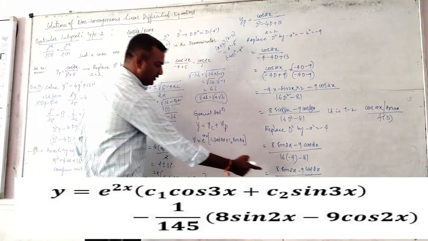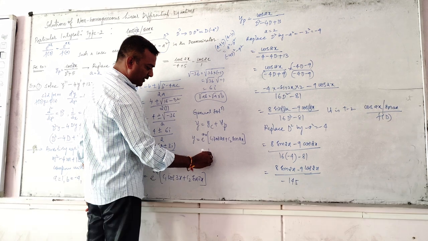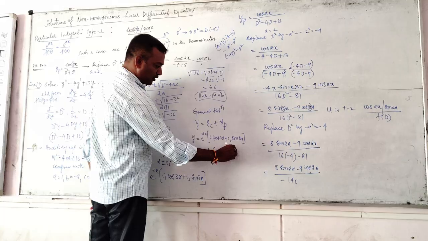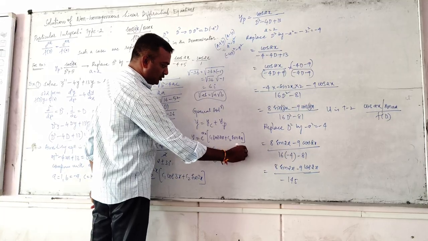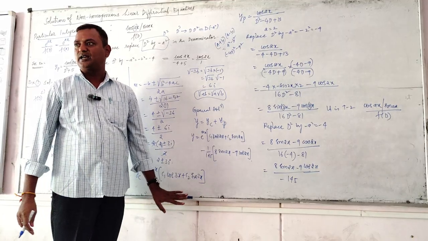Yp is, you can take minus outside, minus 1 by 145 times of 8 sin 2x minus 9 cos 2x. So this is the solution of type 2 example.